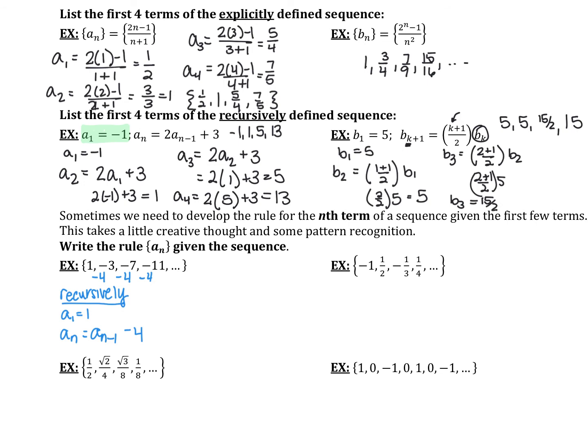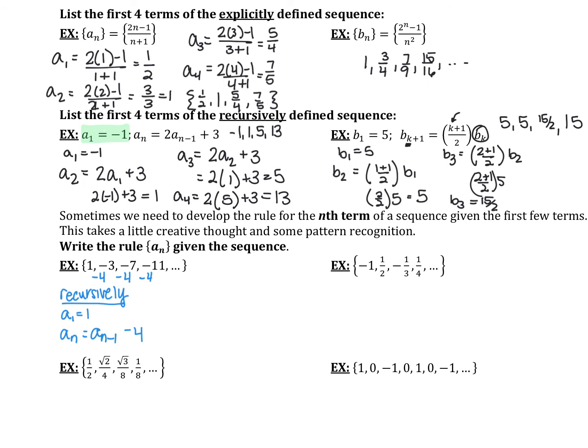Now, if I want to define this explicitly, I need to think a little bit differently. If you see a pattern where we're subtracting 4 every time, or adding 3 every time, or adding or subtracting a repeated number every time, this is like a multiplication, meaning I'm going to be multiplying my variable by this 4 or this -4, or this 3, whatever it happens to be.